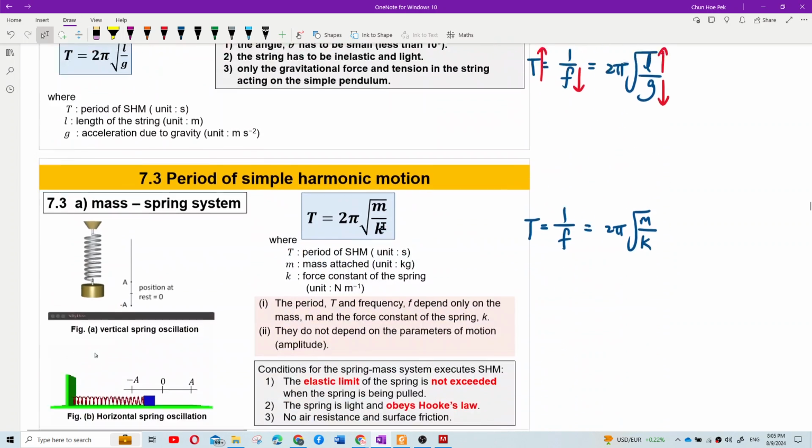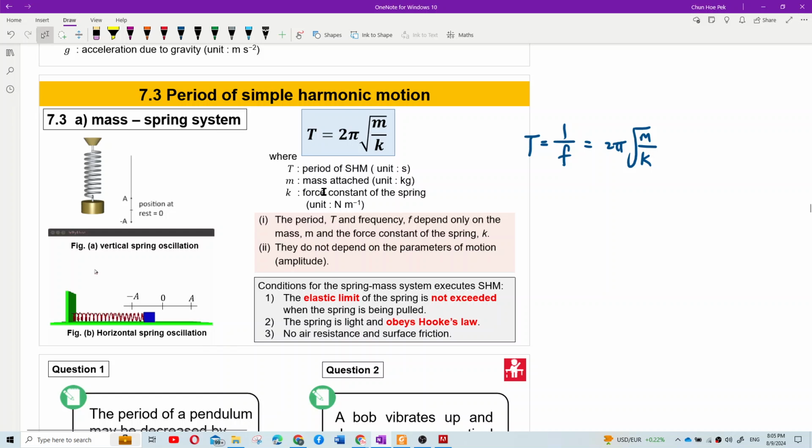And for the mass spring system, if the mass is bigger, a heavier mass, then you have a longer period and lower frequency. That means it oscillates slower. K is the stiffness of the spring.